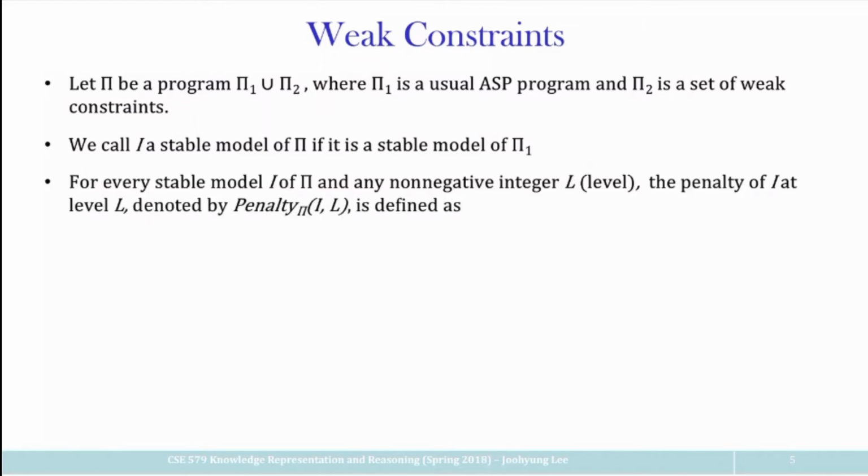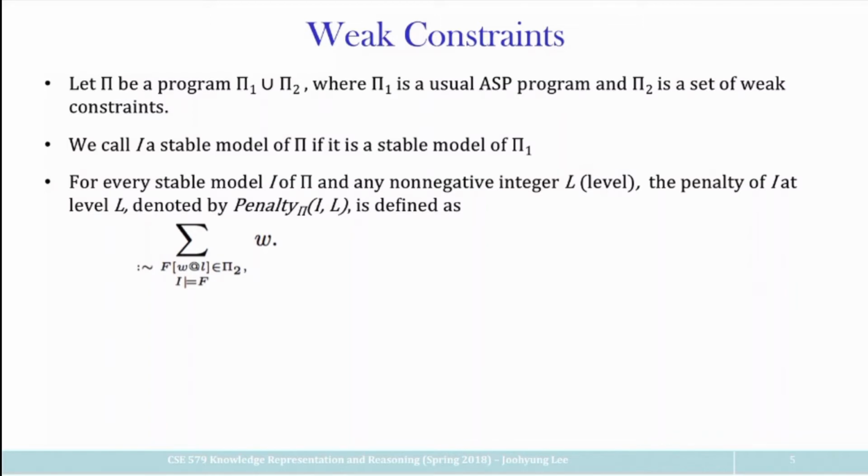Then for the stable models of pi1, we are going to associate a penalty. Penalty is defined by this function penalty(I, L), where I is the interpretation and L is the level.